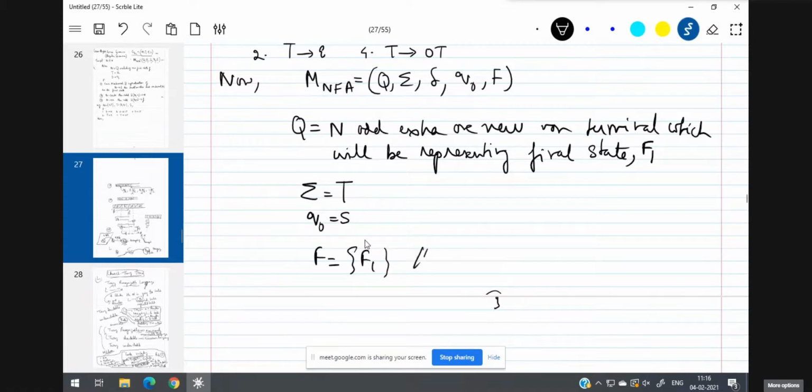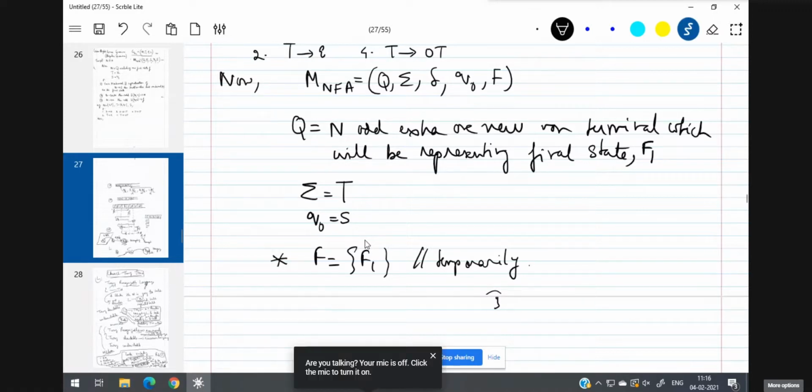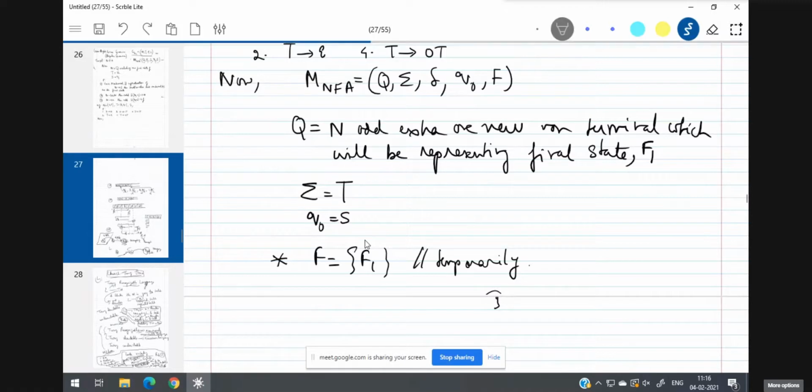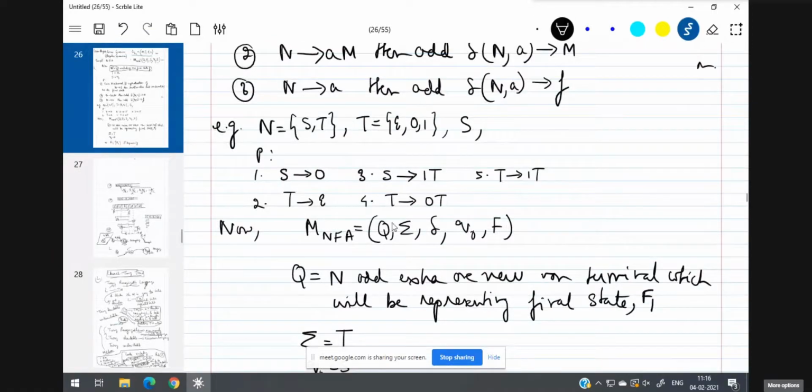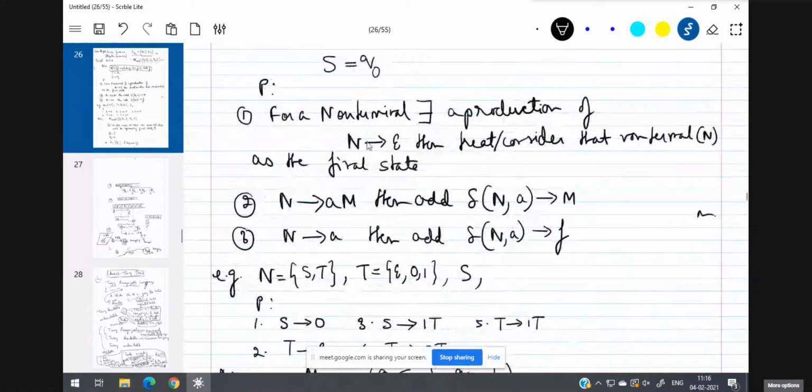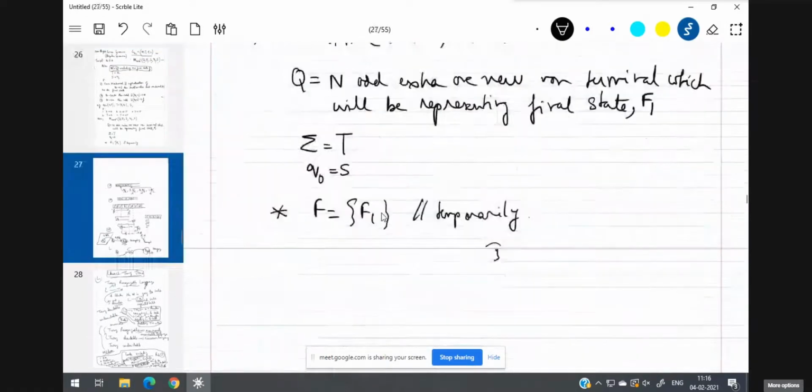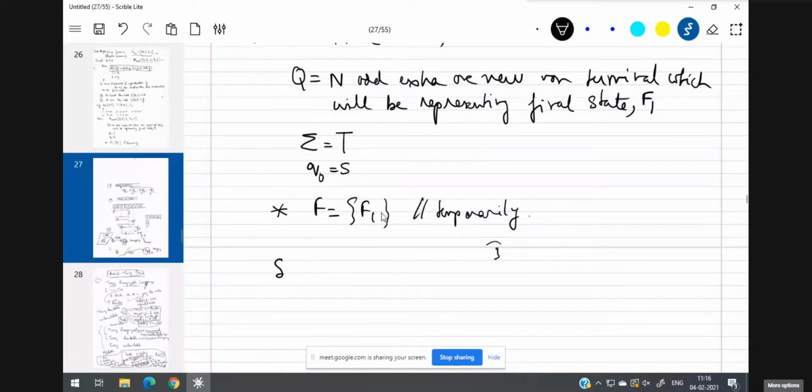I can write F equal to F1 within the set temporarily, because once we complete the machine you have to modify this. In this, I have introduced one new non-terminal which will represent a final state. That's why F1 is here. Now from these productions we are going to construct the transition function depending on the three rules which we have already mentioned.